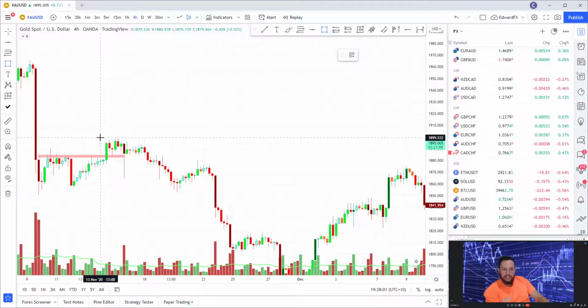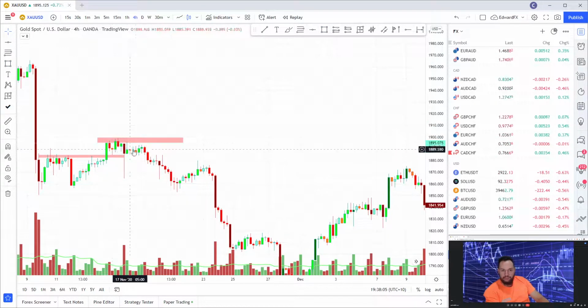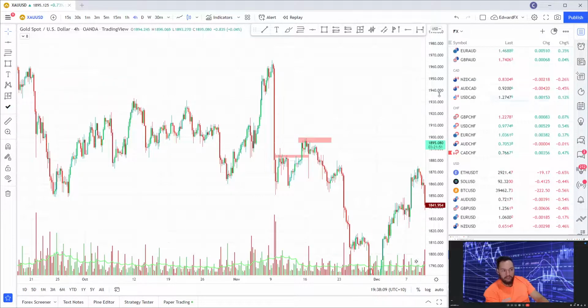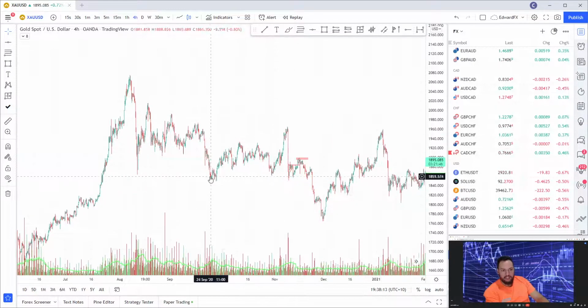But now that we know that we're moving down, right? We know that these potential people are going to get trapped. The buyers are going to get trapped because our structure, right, is moving down. Okay, there's our low, but our resistance is here. So until we break past here, then we are technically ranging.